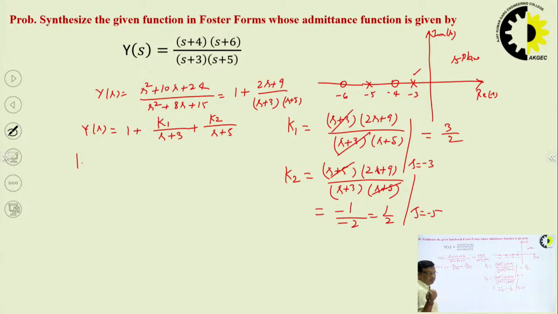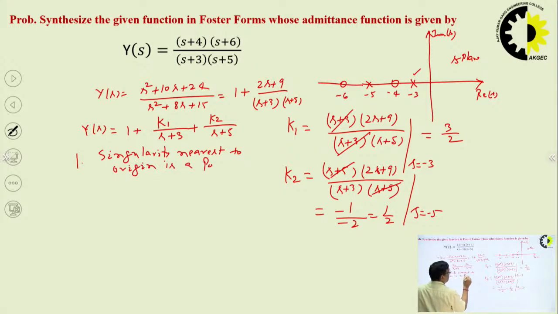So what we are concluding: poles and zeros are simple and lie on the negative real axis. Understood here. The singularity nearest to origin is a pole, right?